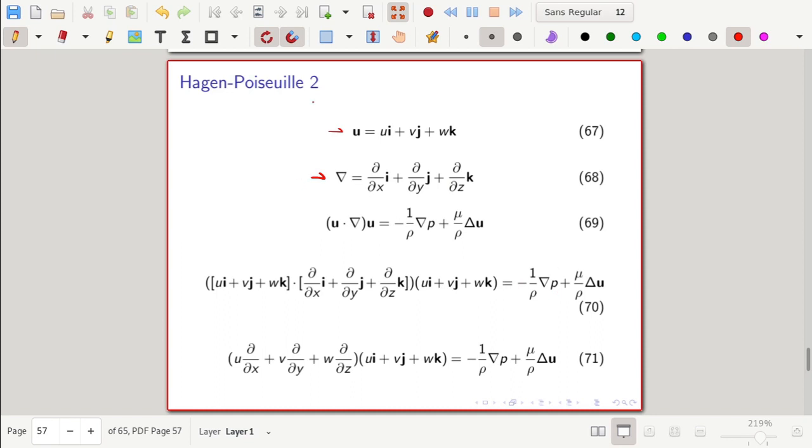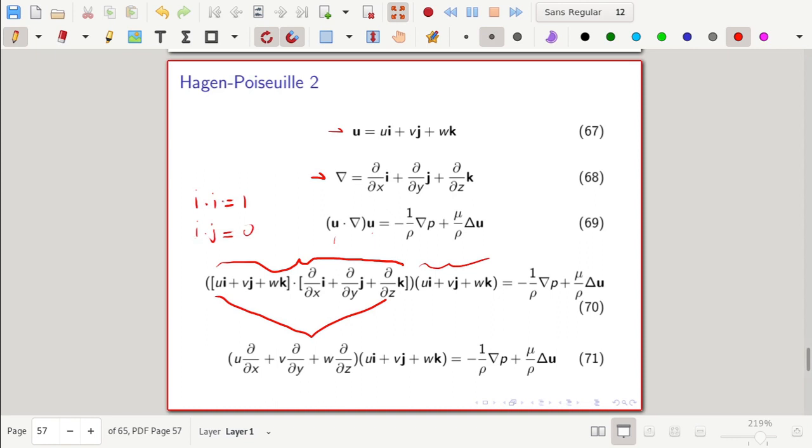Now, applying this to the Navier-Stokes equation, this product here, u dot del, is this term here. This is a dot product, so a product term by term, multiplied here by the velocity vector again. Solving for this first, we're left with this because remember, i dot i equals 1, and if i dot j, for example, equals 0.